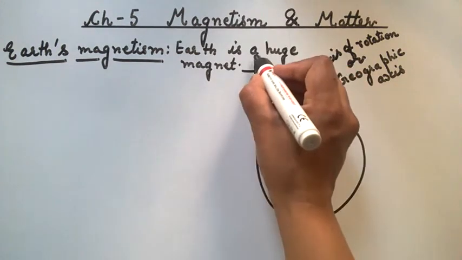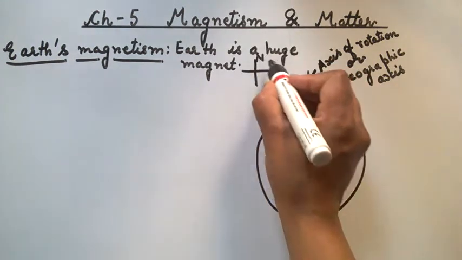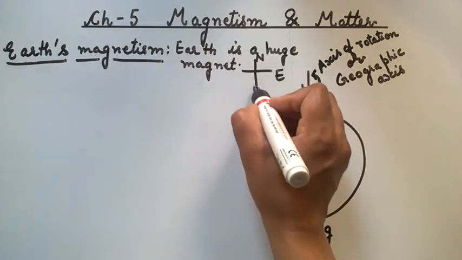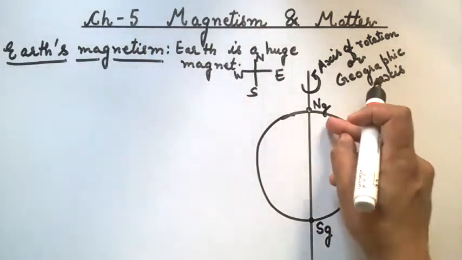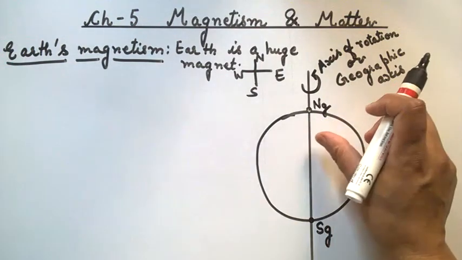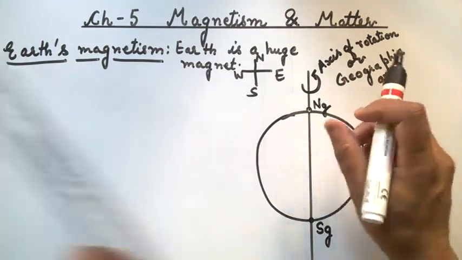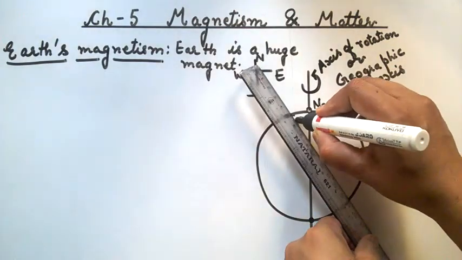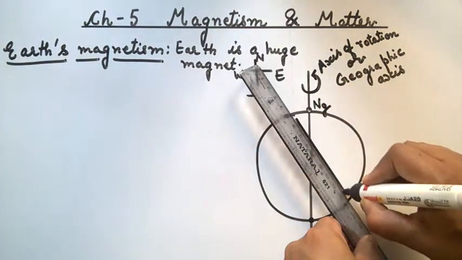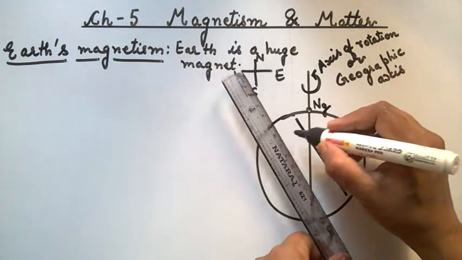By this sign convention, north right of north is east. So this is geographical north and geographical south of Earth. And we assume a magnetic dipole, that is a bar magnet, inside the Earth.